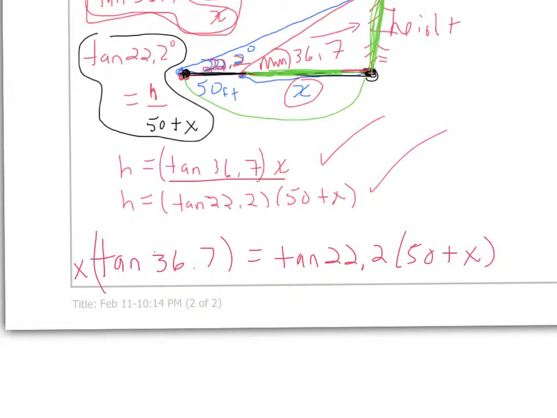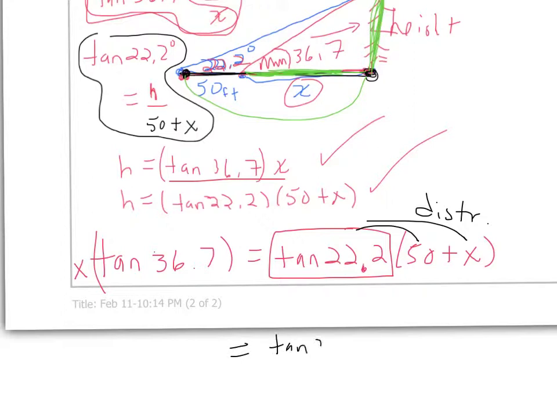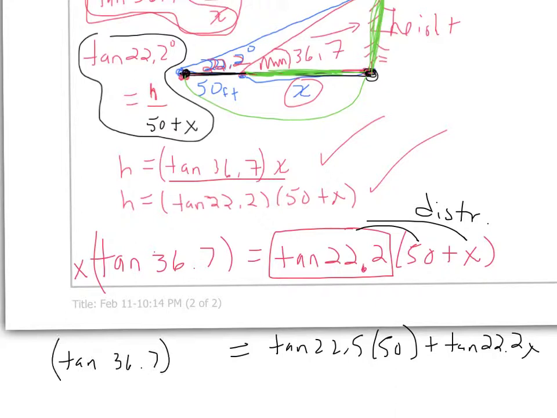Now remember that tangent of 22.2 is just a decimal, so you can send that through, note to self, distribute. So tangent of 22.2 times 50 plus tangent of 22.2x is equal, on this side, to tangent of 36.7x.